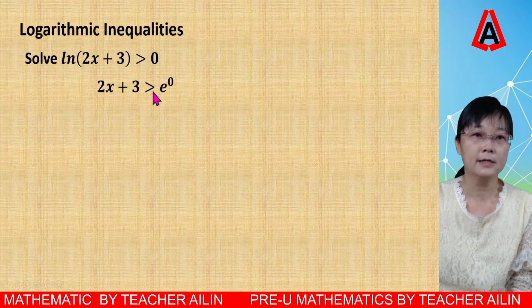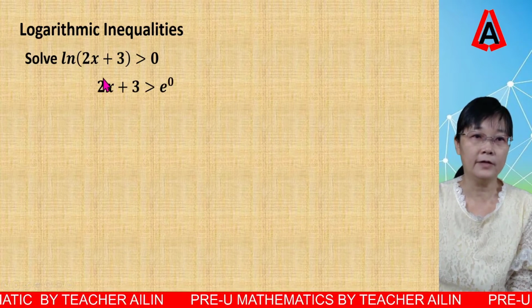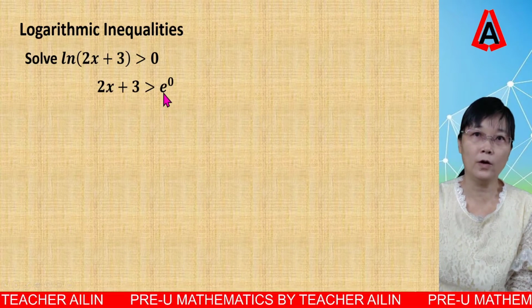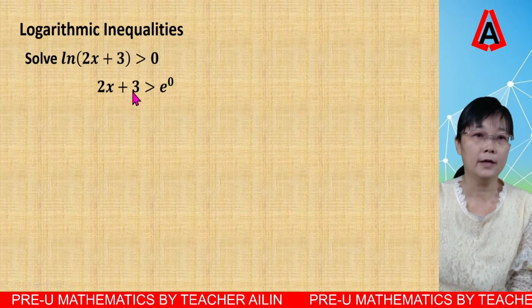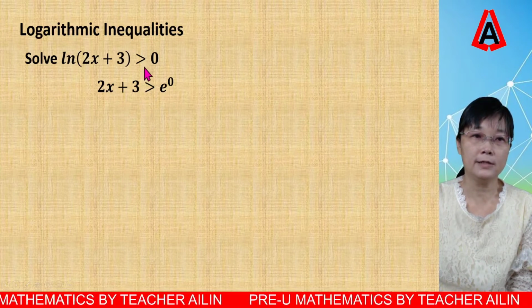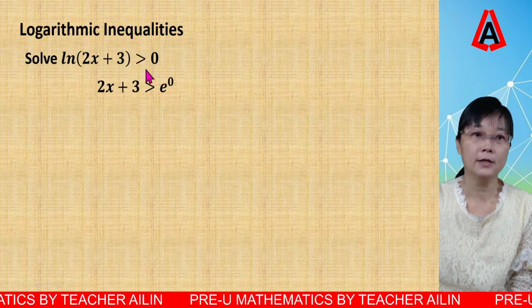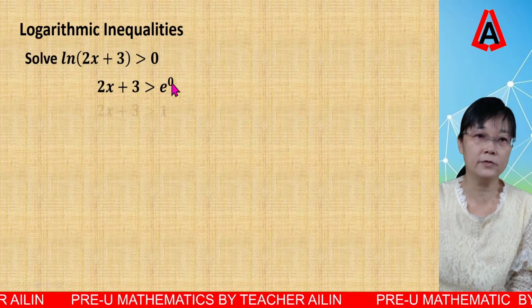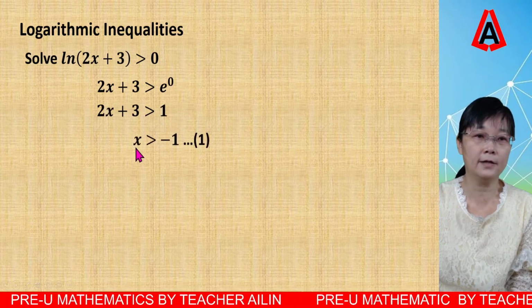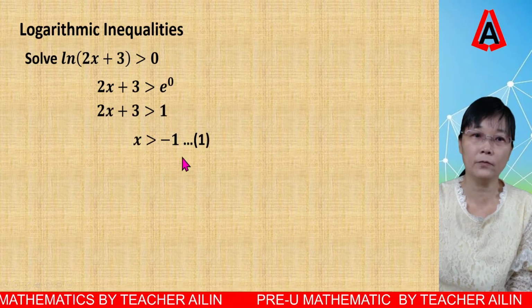And since the value of e is greater than 1, which is 2.718, this inequality is the same as this one. So from here, we know that e power 0 is equal to 1. So finally, we get x greater than negative 1.